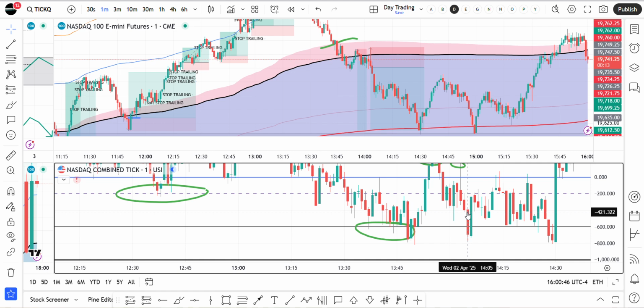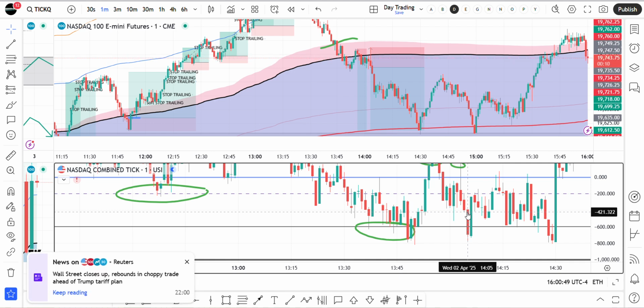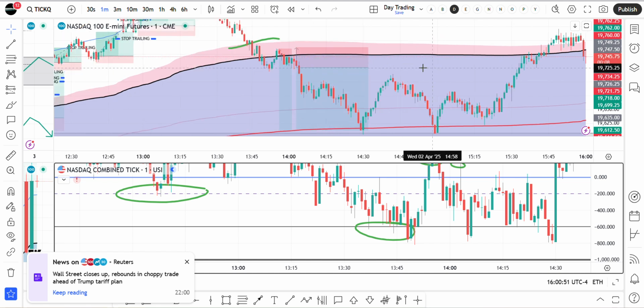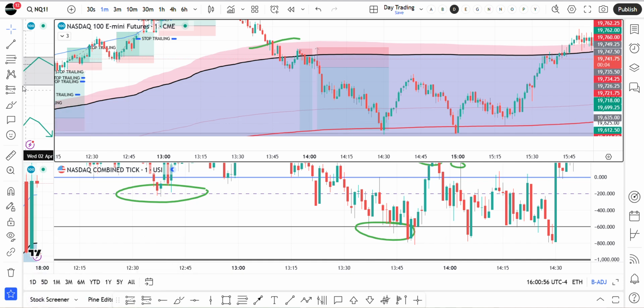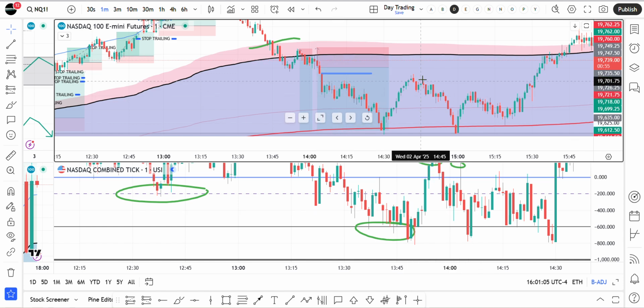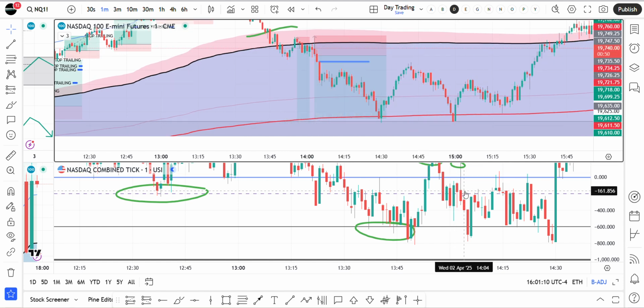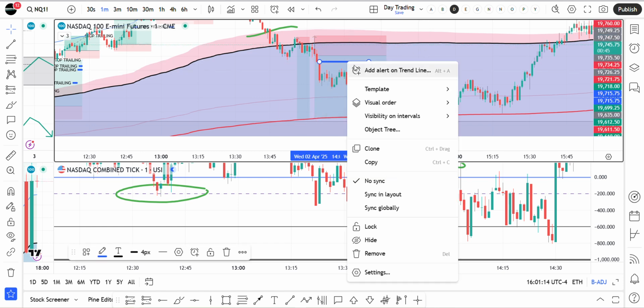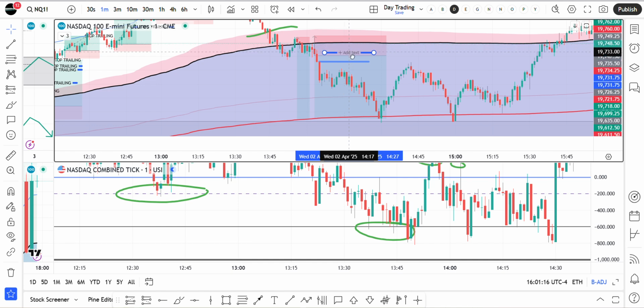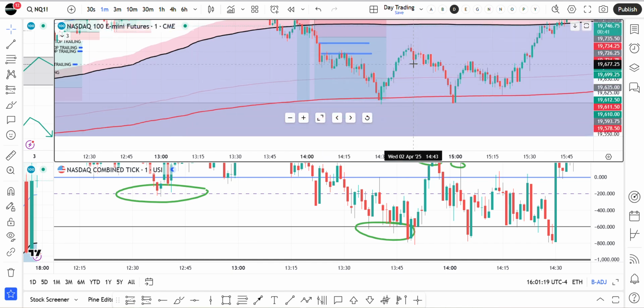Every time it gets to an extreme, so 1405, right there, you're already moving your stop. 06, already moving your stop. 06, it hits again, and you've been stopped out.